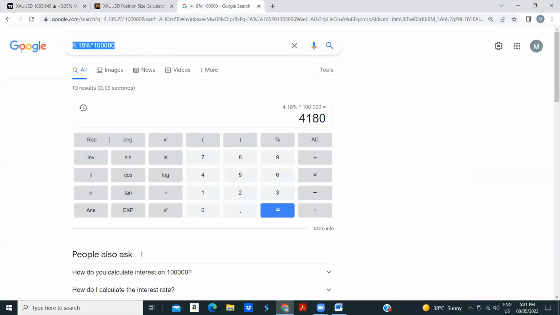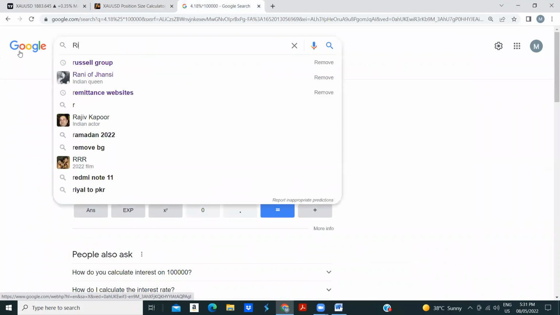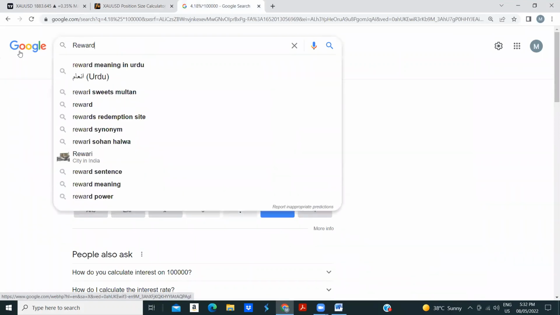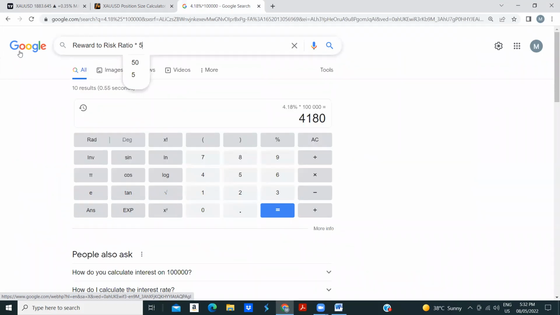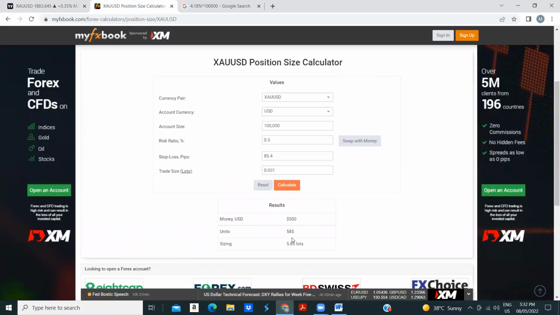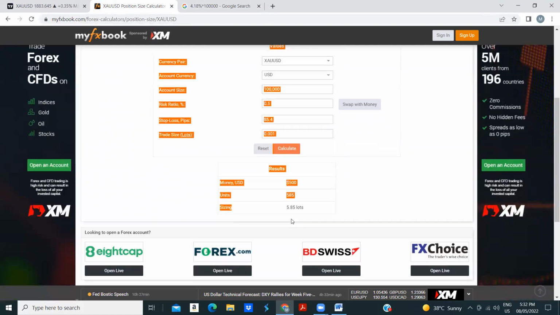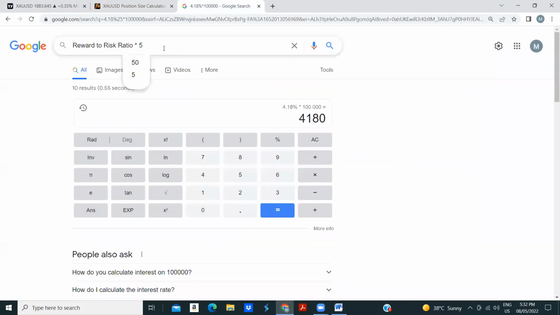You have to multiply the risk to reward ratio by this one here, 500.